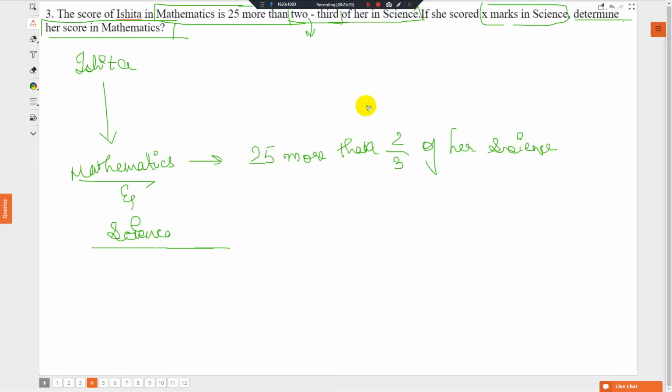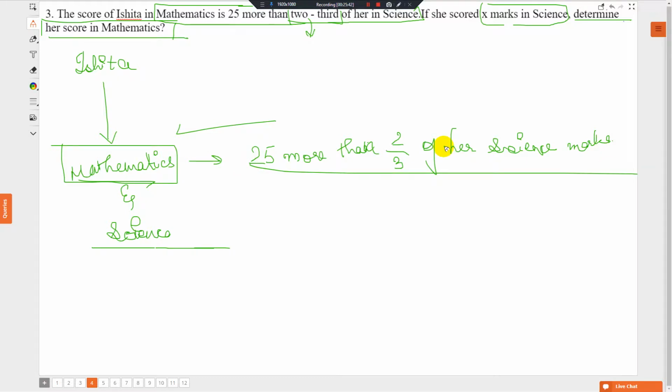They're telling us to find the total value of her maths marks. And they have given a simple clue that she had scored x marks in science. That will be her score in maths.